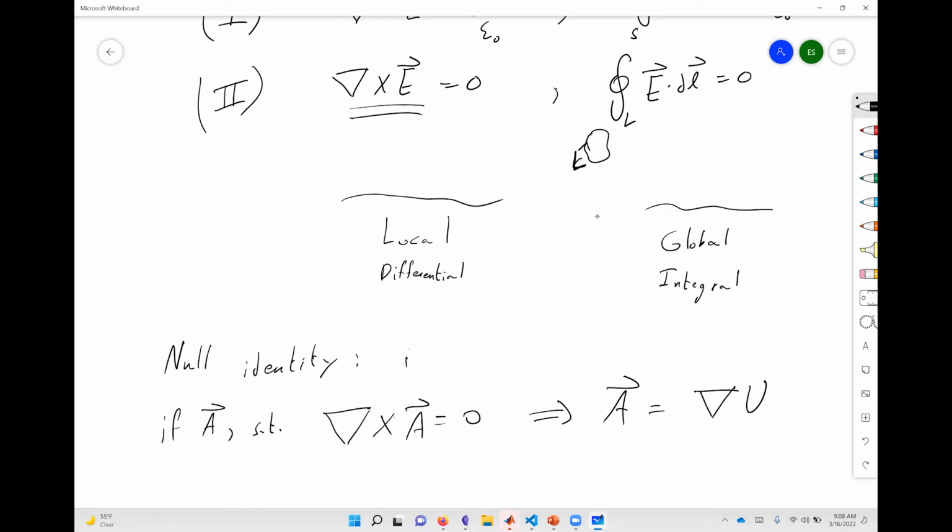By convention, we use the minus sign here. That comes from the null identity that the curl of a gradient of some scalar field is 0, which is one of the null identities that we proved in vector calculus.